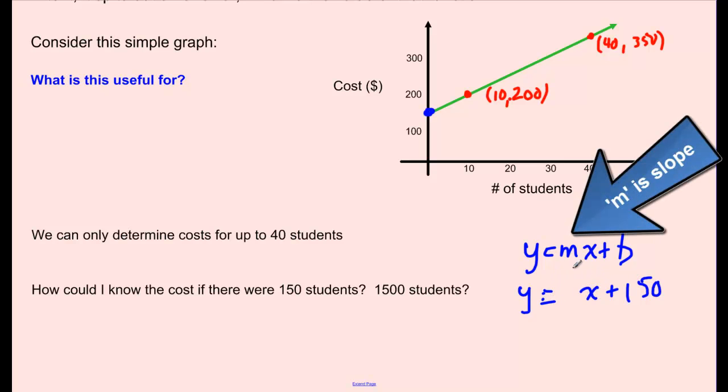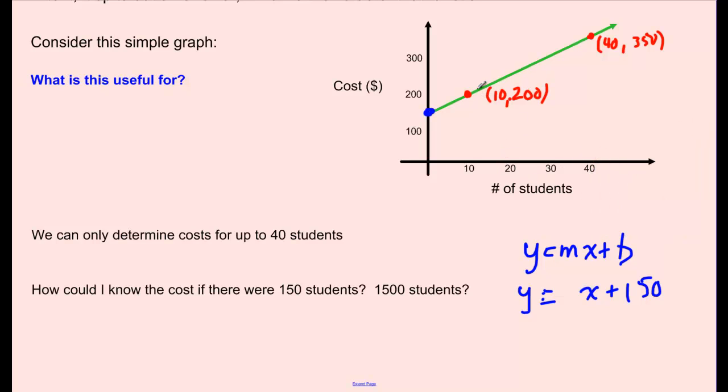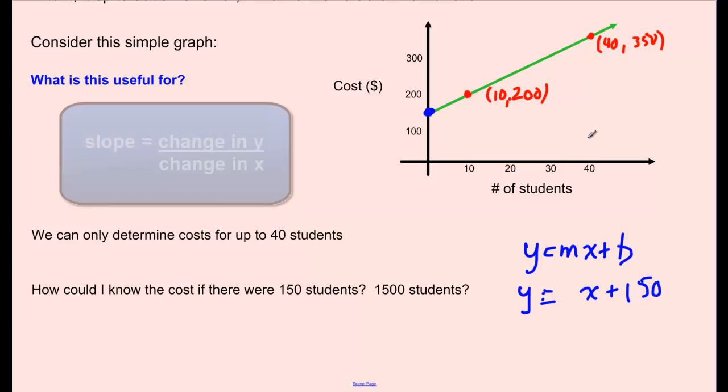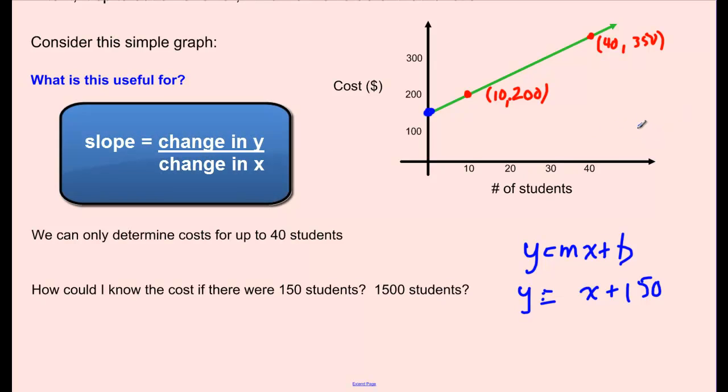Our slope is rise over run. If I take a look at the two points I've made here, if I was at 10 and I moved to 40, the change in x is 30. The little delta symbol here means change, so delta x is 30. And we know slope is always the change in y over the change in x, or y2 minus y1 over x2 minus x1.